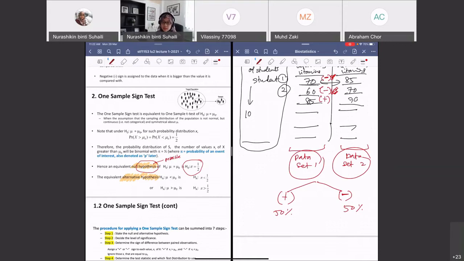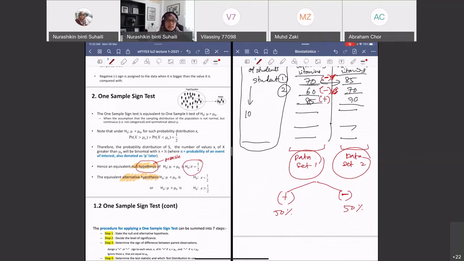Another possible outcome is we can say that there might be a change. There might be a difference between data set 1 and data set 2. But that is still generic. What do you mean by difference, whether data set 1 is more or data set 1 is less? So when you say it's just different, it doesn't give any idea about less or more, right? But the possible outcomes are there could be a difference, there could be no difference, right?